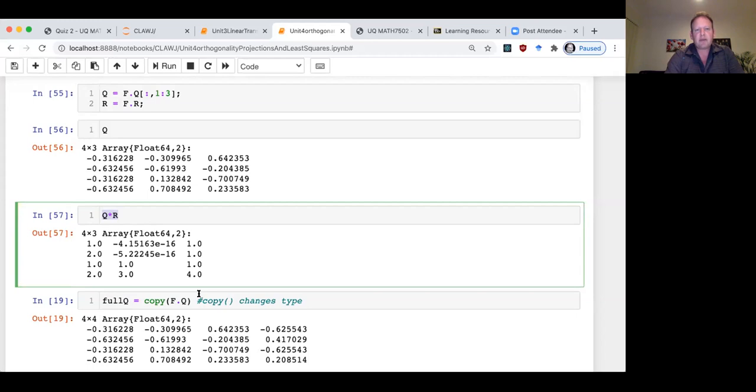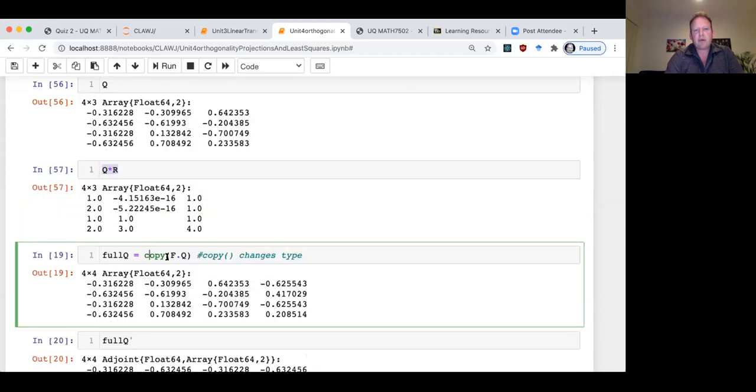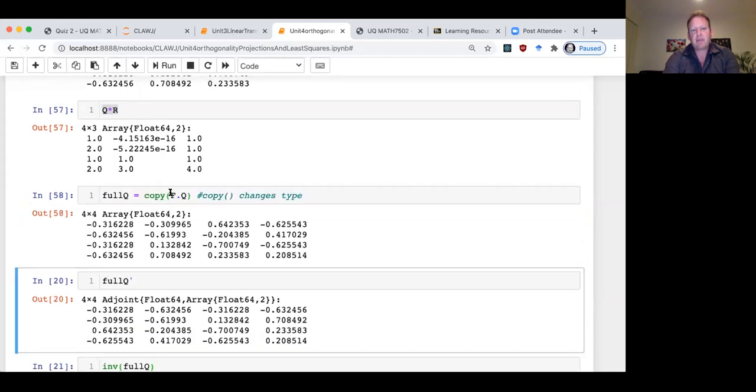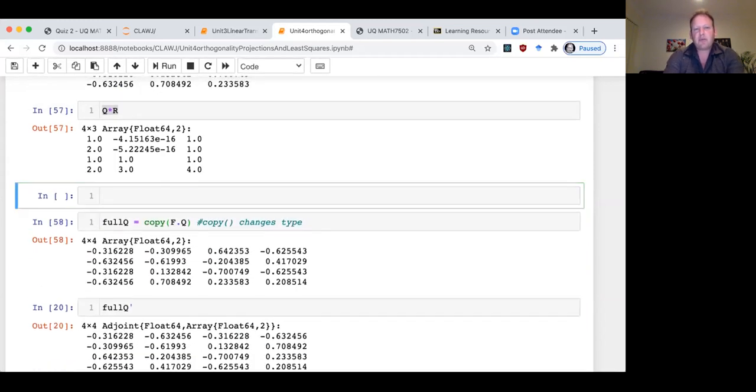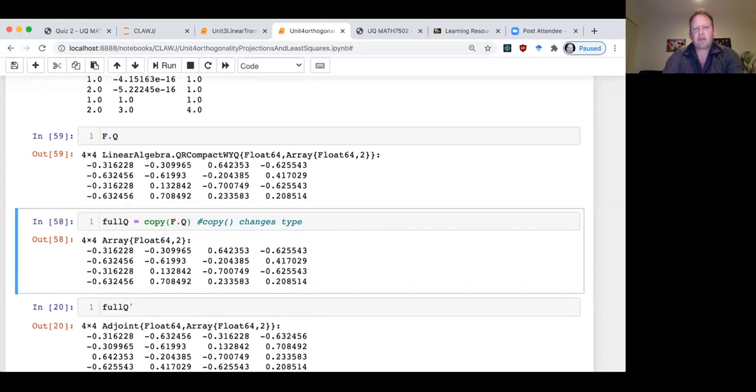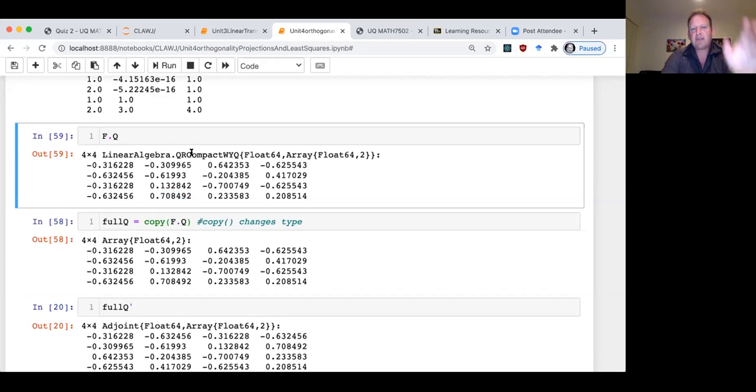Okay, so now you can also get, if I do copy here, the full Q. The reason I'm doing that is that when you do QR decomposition, look, F dot Q, the type in Julia, it remembers it's of a special type, and some things it doesn't just treat it as a matrix.